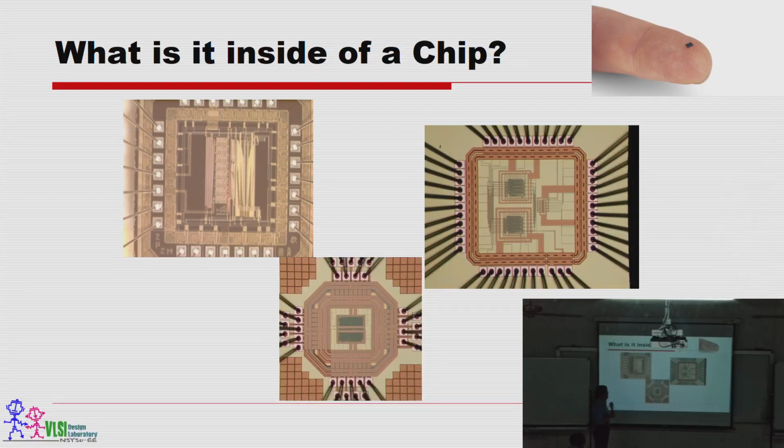And then there's a cell base, and this is the one I cannot remember. I think this is a 0.6, this is a 0.35, and this is 0.18, I think. I cannot remember exactly. Anyway, it shows the footsteps of the students before you who taped out to design their chip and make it real.